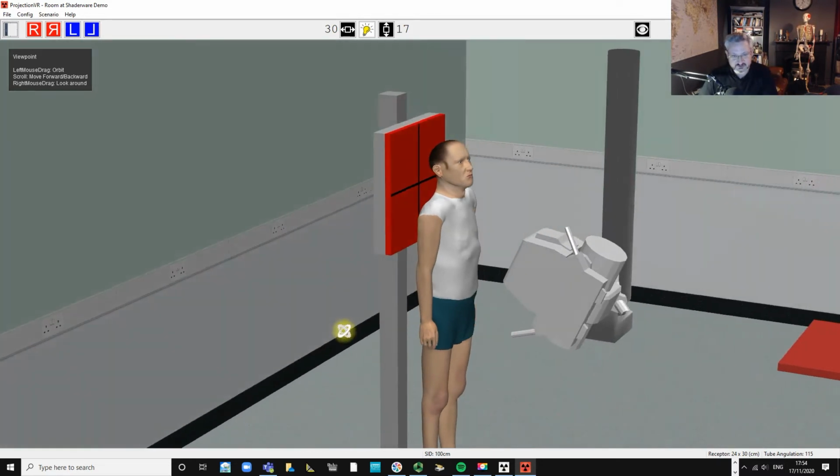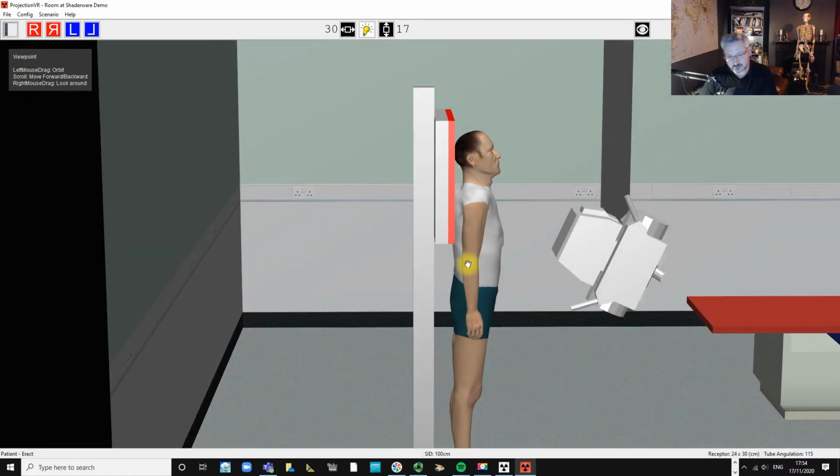But the disadvantage is that the clavicle is a long way from the receptor, so there's some magnification, distortion involved, and also the structures that are anterior in the patient's body are more radiosensitive.